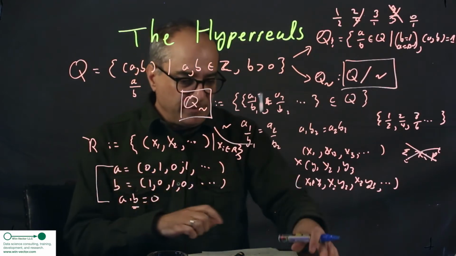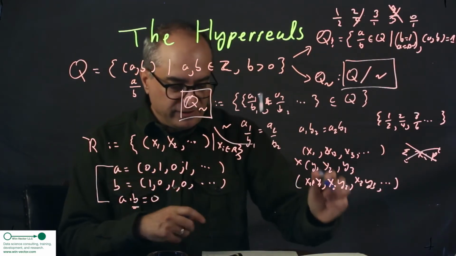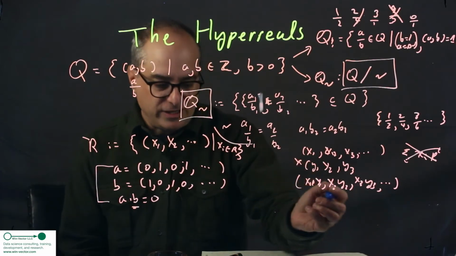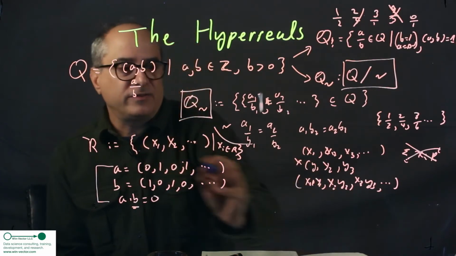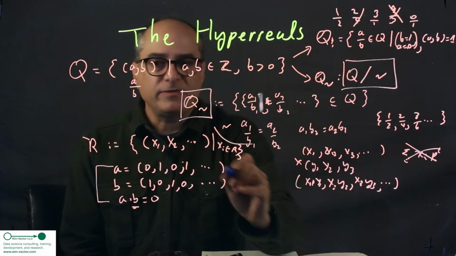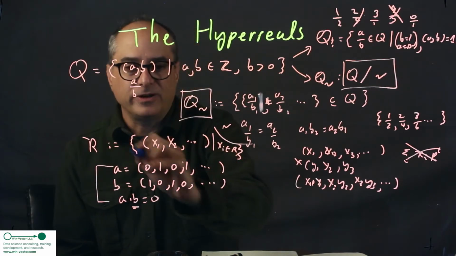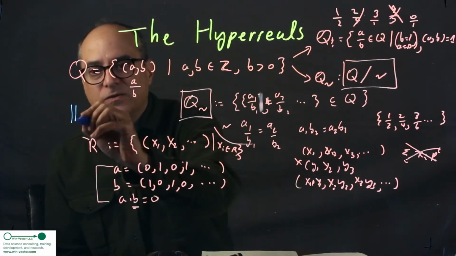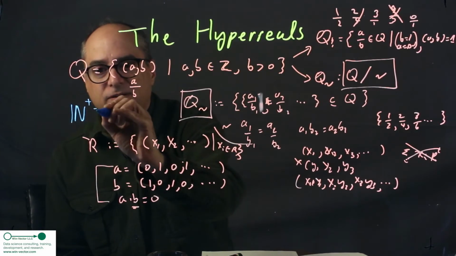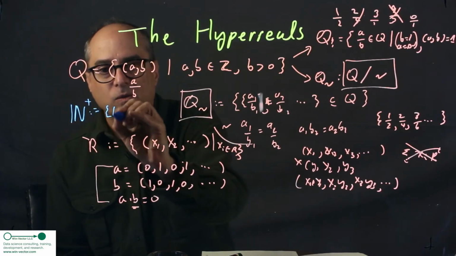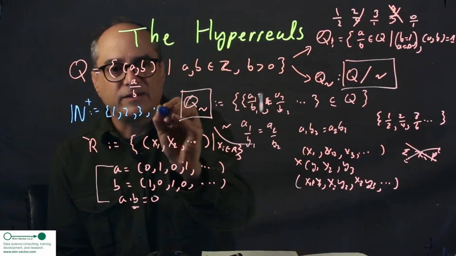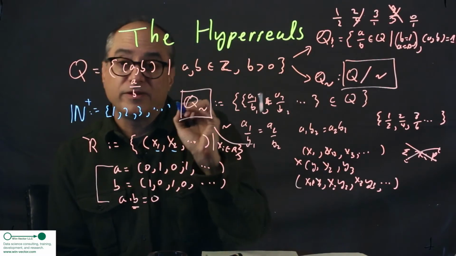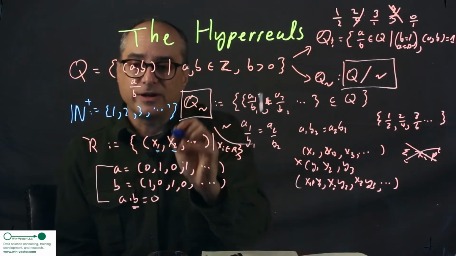So a filter is a very abstract term, and it's defined as a set of subsets. In our case, it will be a set of subsets of the natural numbers starting at 1. So we'll just call this N plus. It's defined as 1, 2, 3, and so on, and it's exactly the indices of these numbers. That's why we're using these natural numbers.